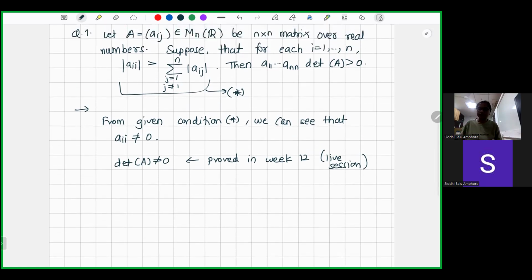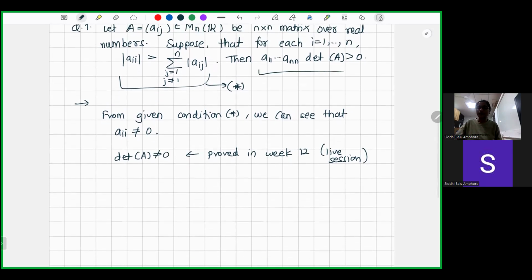So we now have to prove the part that the product a11 to ann times the determinant of A is greater than 0. First we have to check that it is non-zero: the aii are non-zero from the condition itself, and the determinant of A is non-zero, which we have already proved.